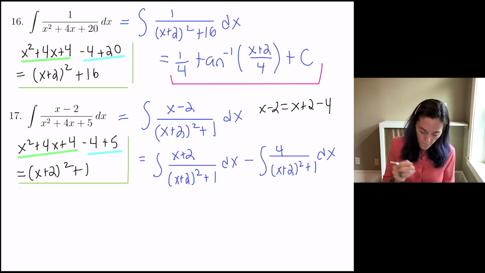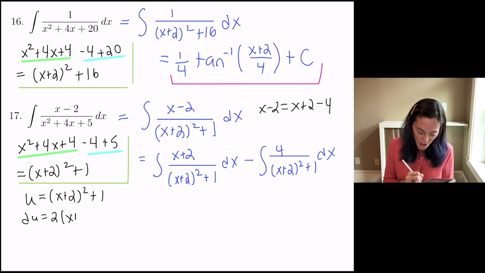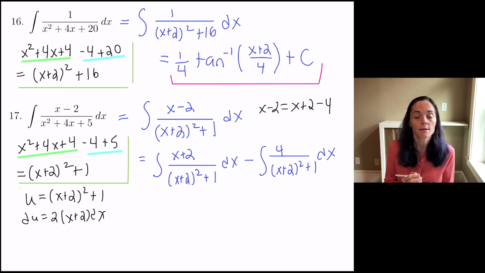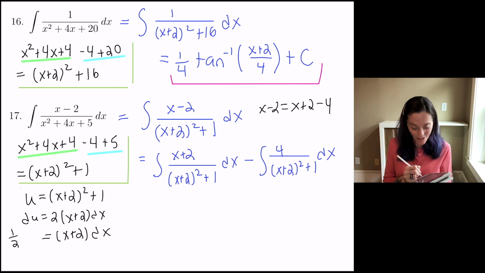I will do my work for substitution over here. Only the first term. We have u as x plus 2 squared plus 1. du is 2x plus 2 dx. In my integral, I have x plus 2 dx, which is 1/2 du.